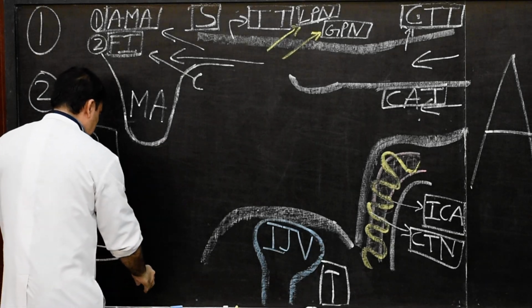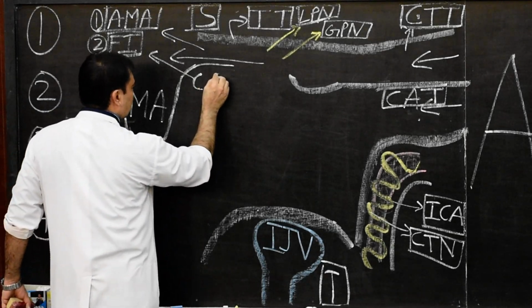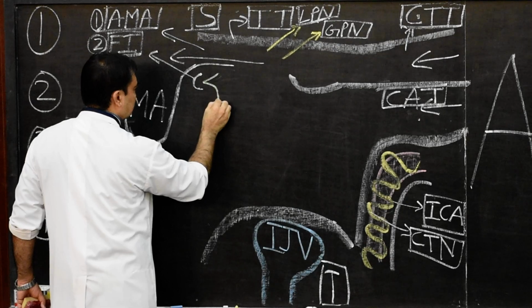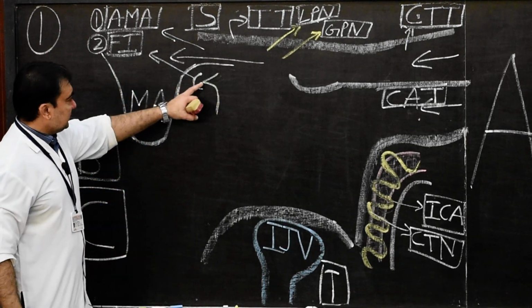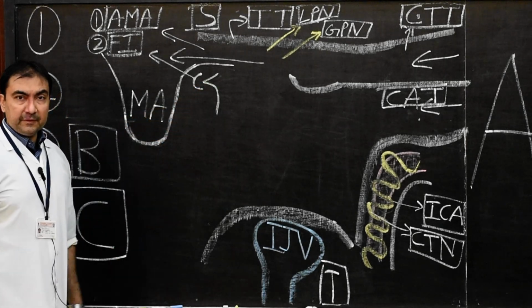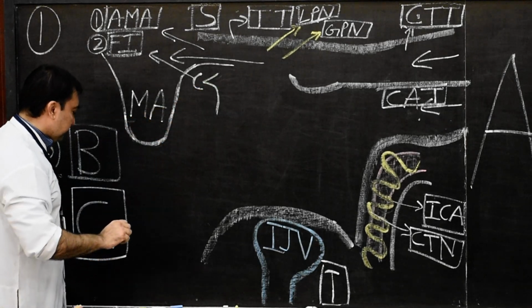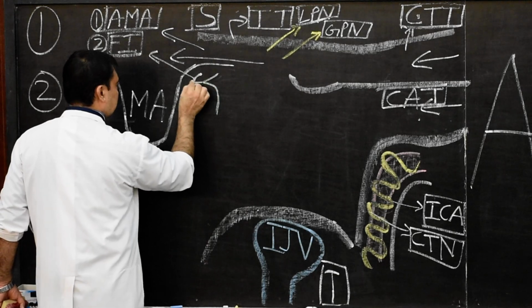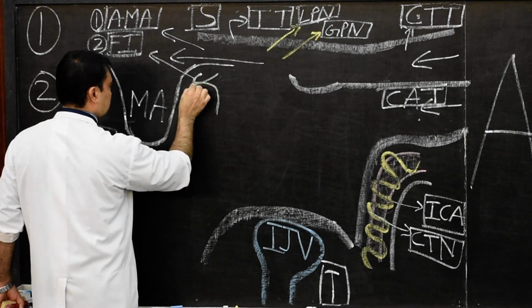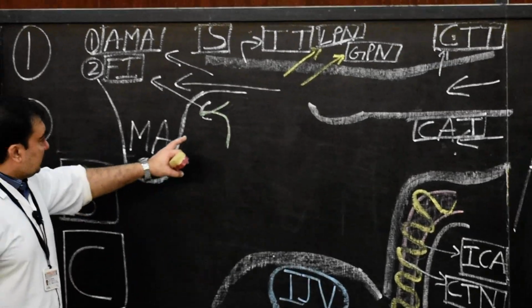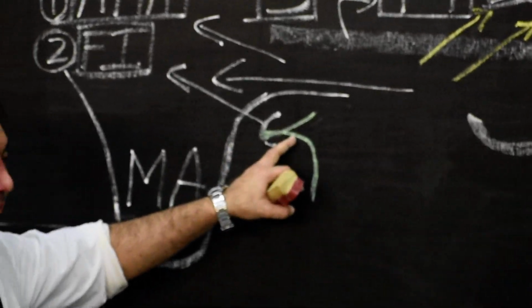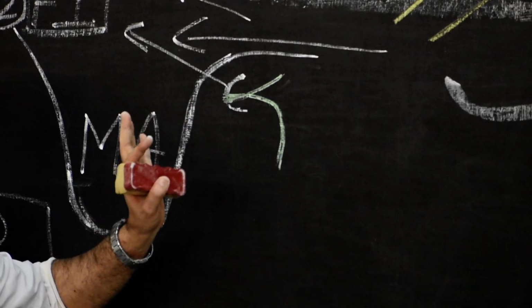So here, we will just show a small short process of incus. This much is enough, more than enough. Now this short process of incus will be joined towards the fossa incudis by a ligament. We show the ligament, which will join the fossa incudis with the short process of incus, structure number 2.